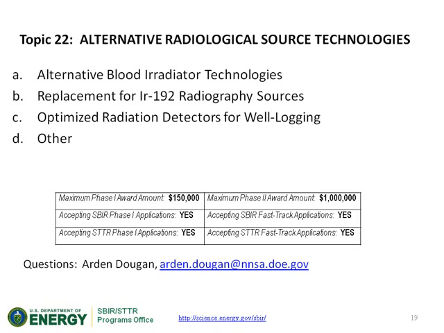And for topic C, the optimized radiation detectors for well logging, this is pretty well spelled out. We need gamma spectroscopy and epithermal and thermal neutron detection at high temperatures that can survive high mechanical shocks and vibrations. So those are your primary goals.